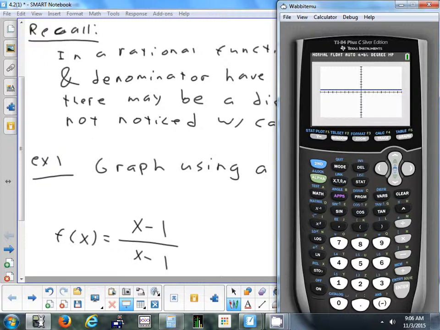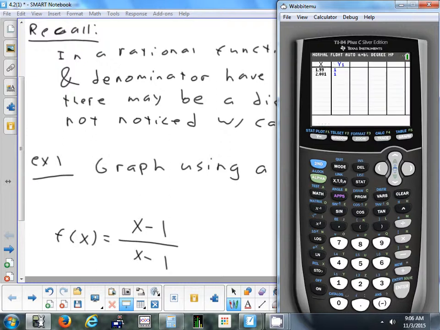And the only way we could check that is looking at the original problem and realizing if you plug 1 in for x, you divide by 0. All right, so we try to plug 1 in for x, and we don't get anything for y.